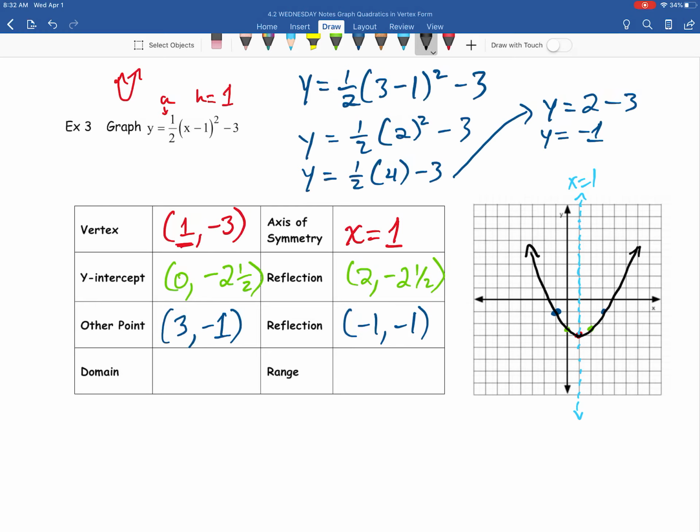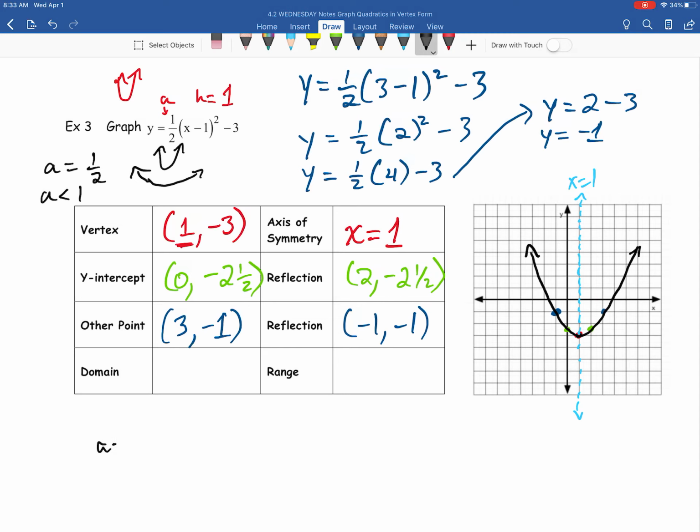Now, going back really quickly to this A value, notice how it's a fraction, 1/2. Because it's a fraction that's less than 1, instead of a parabola that's more like the parent function, it's going to widen, okay?